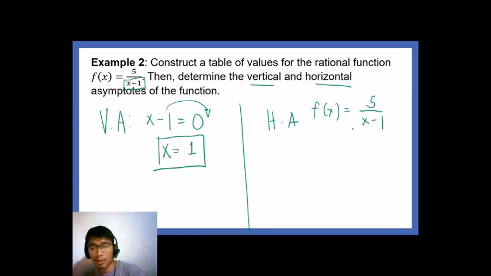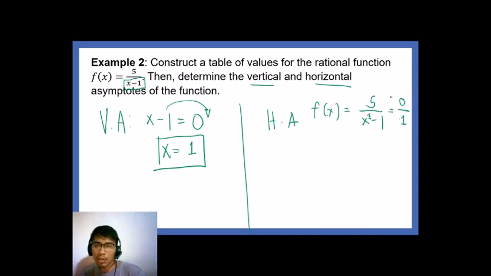So what is the highest degree for our denominator's numerator? Obviously, we still have a constant here, so we don't have degrees here. So we consider the degree as 0. For the denominator, what is the highest degree? That is 1.